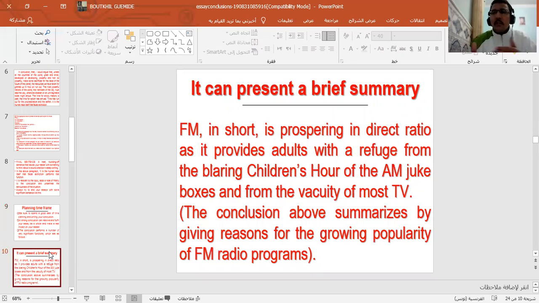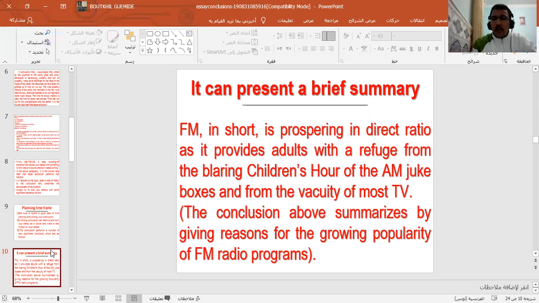In addition to informing about the essay's completion, the concluding paragraph serves other functions, all right? Presenting a brief summary of the essay.